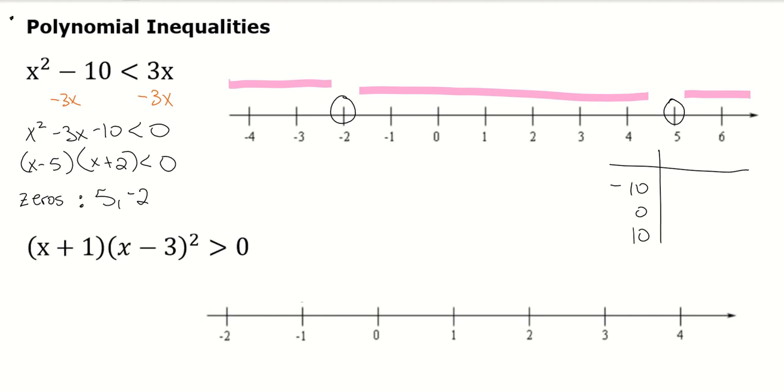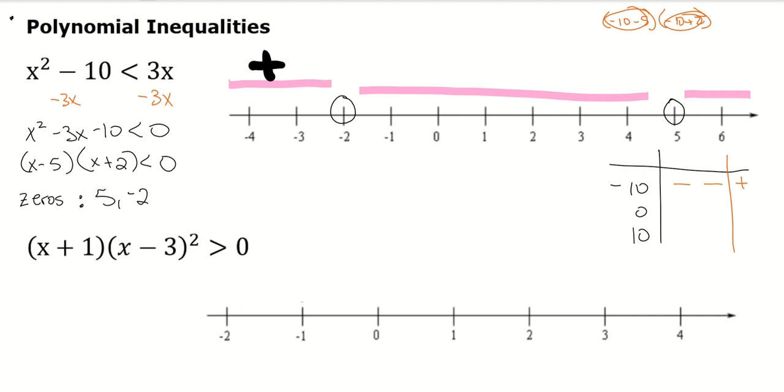If I plug in negative 10 where x is, so that'll be negative 10 minus 5 times negative 10 plus 2. So both of these are going to be negative. So this one here becomes negative, this becomes negative. 2 negatives makes my final answer positive. This region is positive.